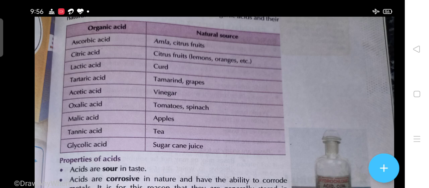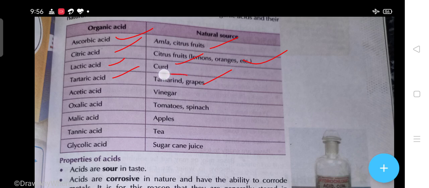Now, from where do we get ascorbic acid? Amla and citrus fruits. Citrus fruit means that it contains a sour taste. And citric acid you can obtain from citrus fruits like lemon and oranges, lactic acid from curd, and tartaric acid from tamarind.